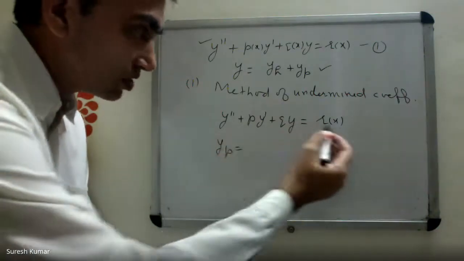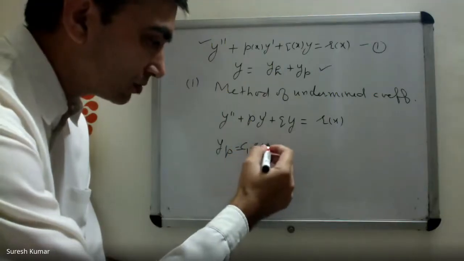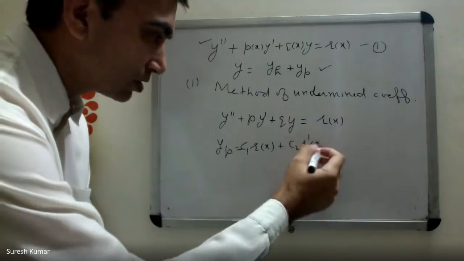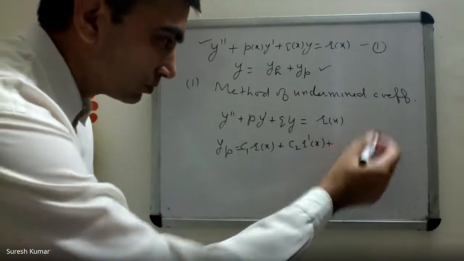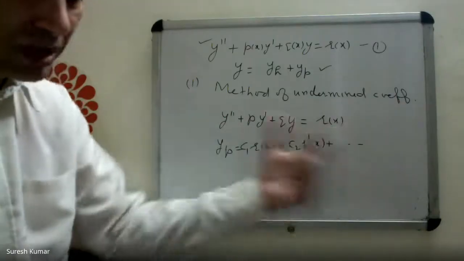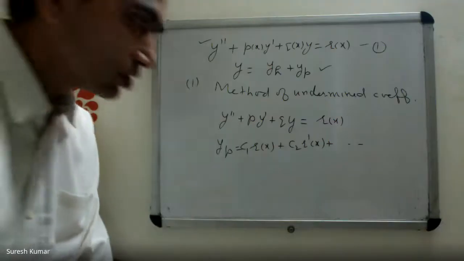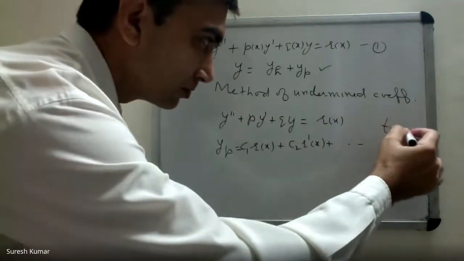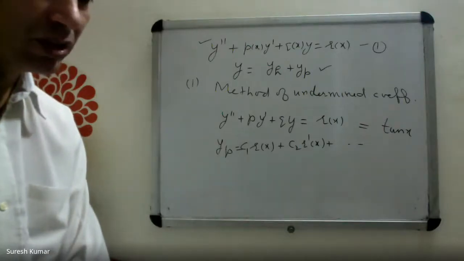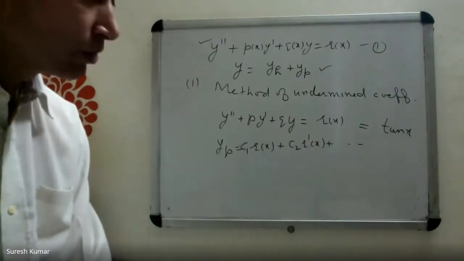For yp, we consider a linear combination of R(x) and its independent derivatives, C2 R'(x), maybe more. So there is another restriction: suppose it has many independent functions as derivatives. For example, if I write tan x in place of R(x), you cannot apply the method of undetermined coefficients because you will be getting new and new functions.